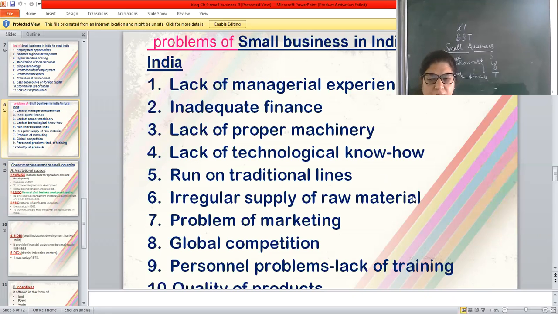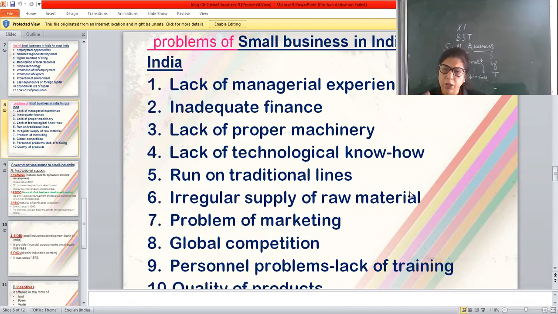They don't get raw material frequently and properly. Even if they want to buy raw material, they are unable to get it, because the producers want to sell the products on a cash basis or directly in bulk to the wholesalers. That's the problem faced by small businesses.